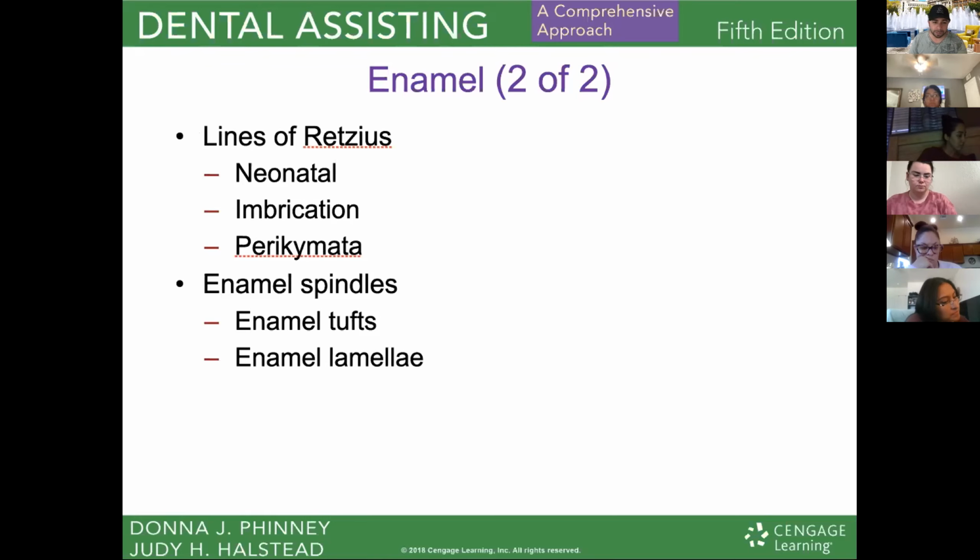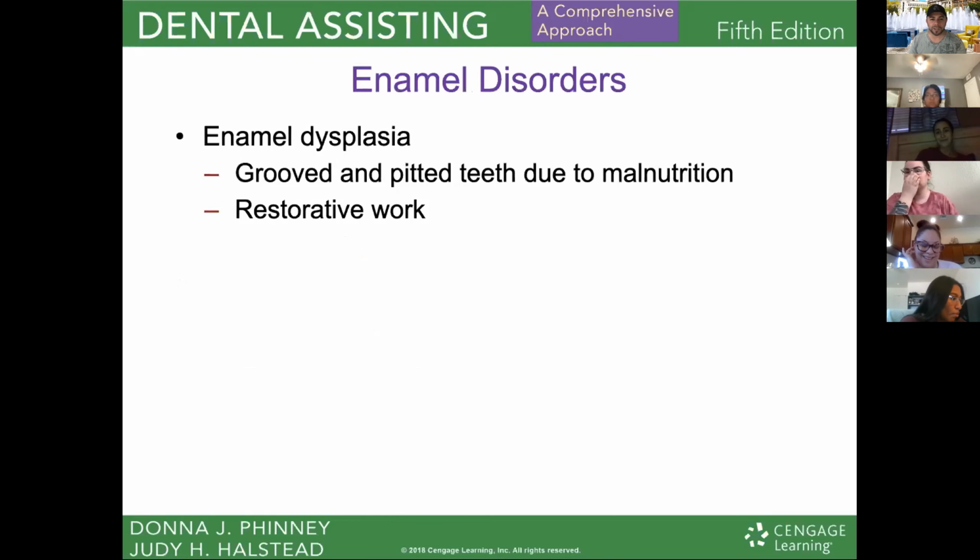We have enamel spindles, which are enamel tufts, and also enamel lamellae. These aren't anything that you really need to know for any tests, just something that's covered in the lecture. The book will talk a little bit more in depth about this if you're interested in it. But I'm guessing not a lot of people are really interested in the microscopic layers of enamel, so I will move on.